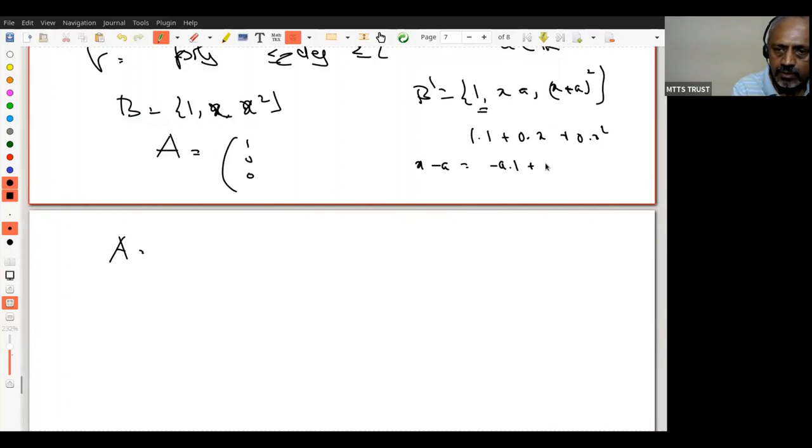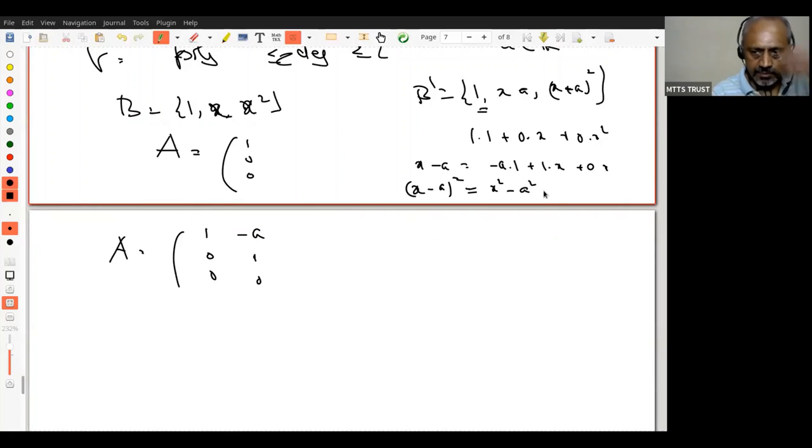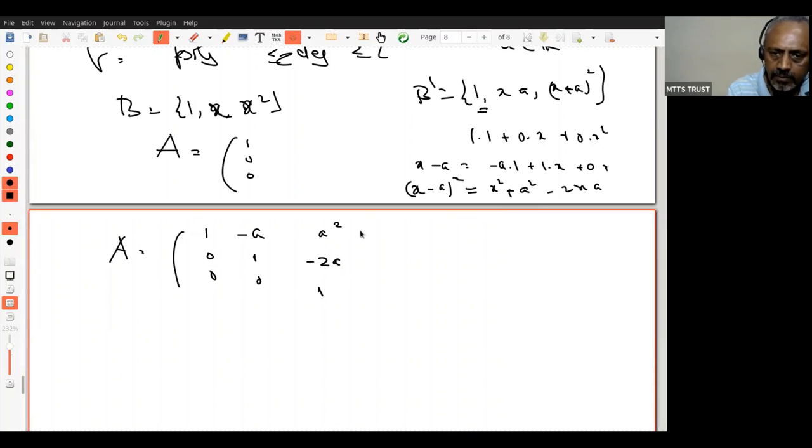Minus a times 1 plus 1 times x plus 0 times x squared. Therefore it's going to be 1 0 0, minus a 1 0, and x minus a whole squared. How will I write it? x squared minus 2xa plus a squared. Therefore it's going to be a squared, minus 2a, and 1.